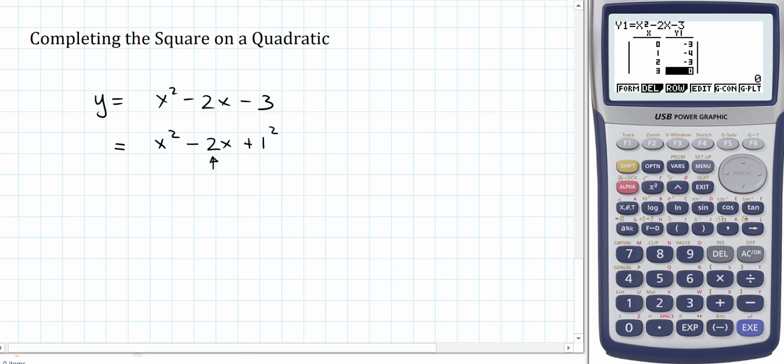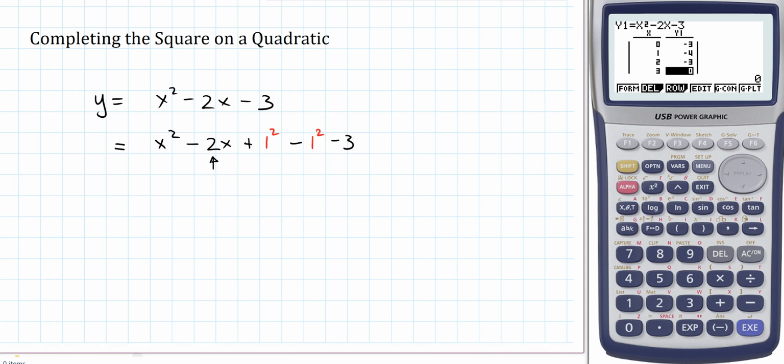Now, if I add it on, I'm going to change the value of the right-hand side, so I'm going to straight away take it away, and then I'm going to leave the minus 3 that was there already. This part over here is really adding 1 squared, taking away 1 squared, so I'm not changing the value of the expression at all.